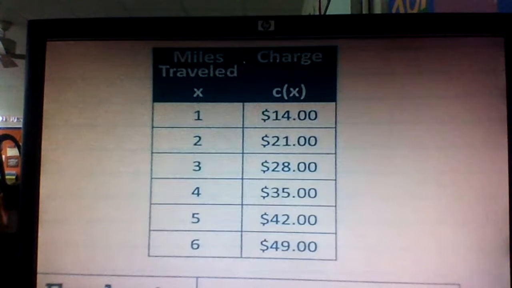Try this special. 3 in parentheses. So X is 3, according to my table. This is saying if they had to travel 3 miles, they would charge you 28.